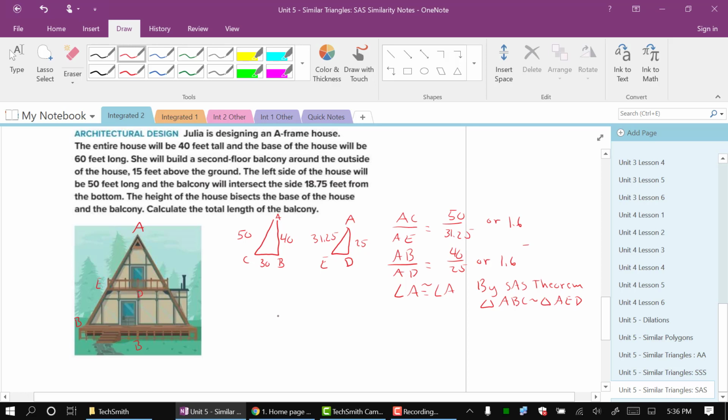Now we can solve for our last one, this one right here. We're going to have AC over AE, and this is going to be CB over ED. That gives you 50 over 31.25 equals 30 over ED.